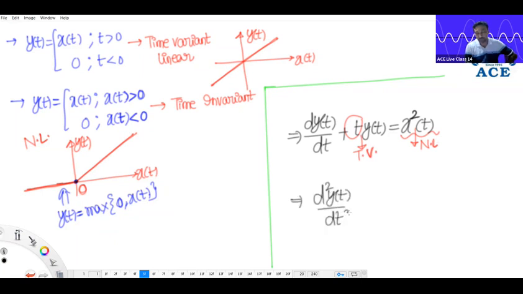But if I change the same expression, something like this: d²y(t) by dt² plus 4y(t) equals 3x(t).